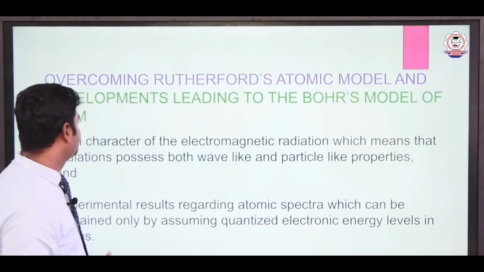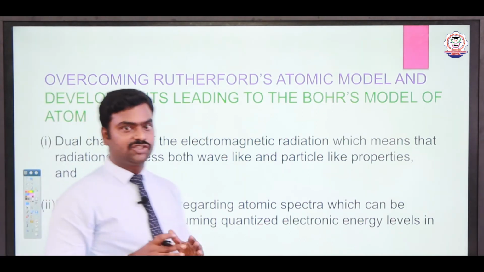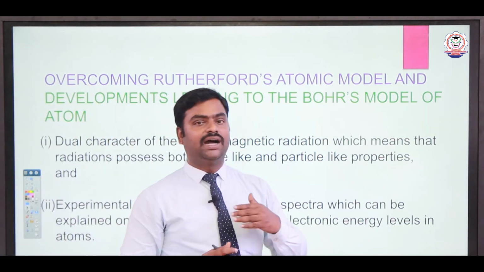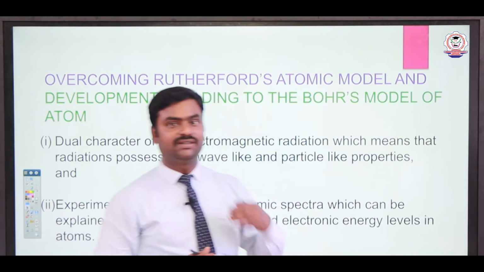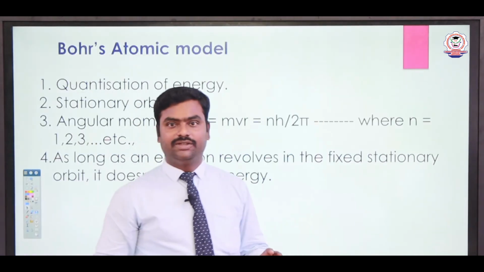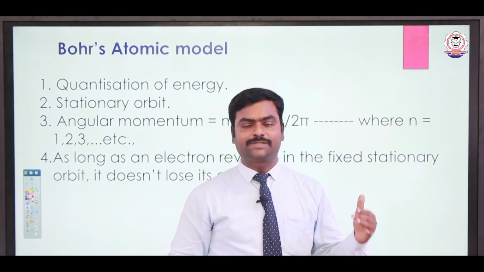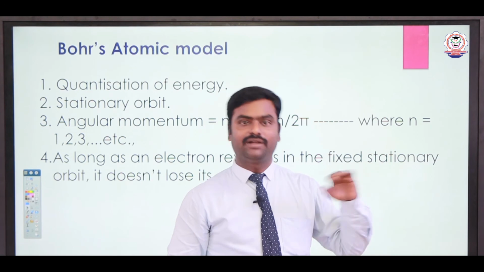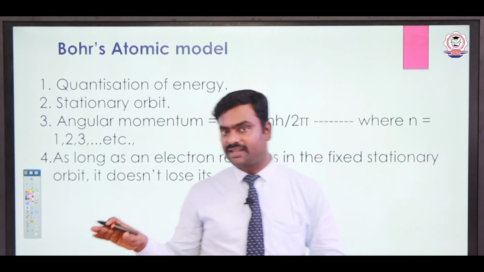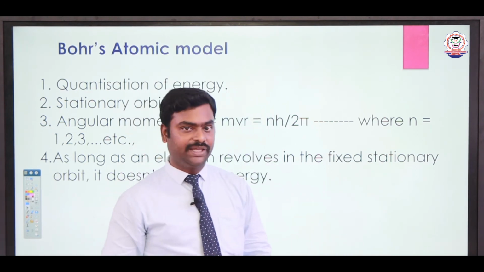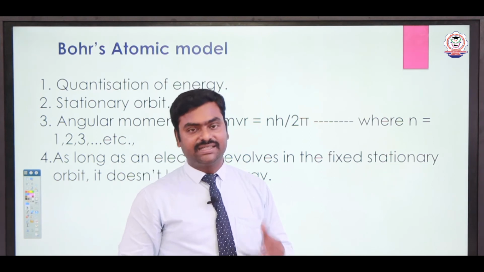What are the drawbacks? Dual character. See, this is not a drawback, actually it is an advancement for Niels Bohr. Using Max Planck's work for energy of light, the photoelectric effect, and atomic spectroscopy, Niels Bohr predicted his postulates.